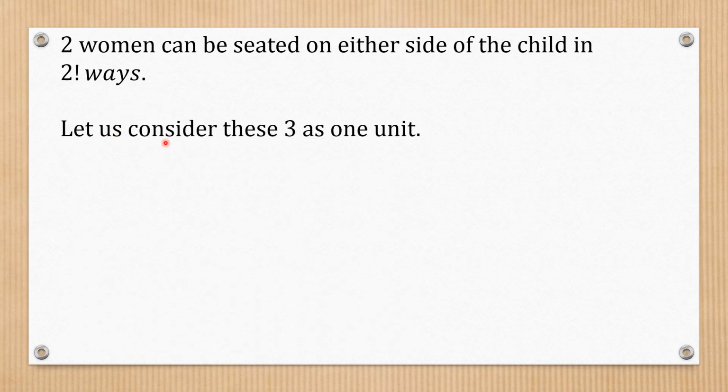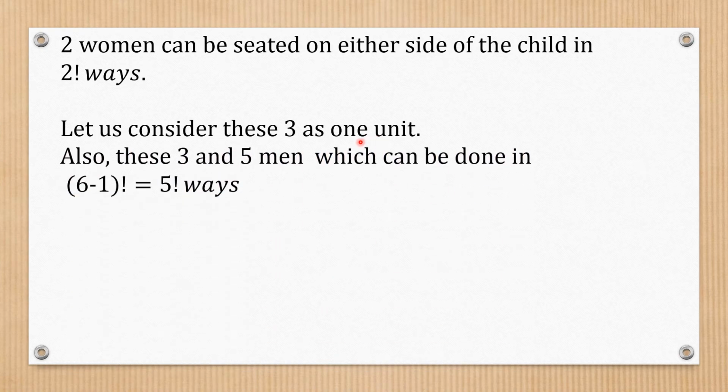Let us consider these 3 as one unit. Okay, the child and the 2 women will be considered as 1 unit. Also, these 3 and 5 men, which can be done in (6 minus 1) ways: 5 plus 1 unit.